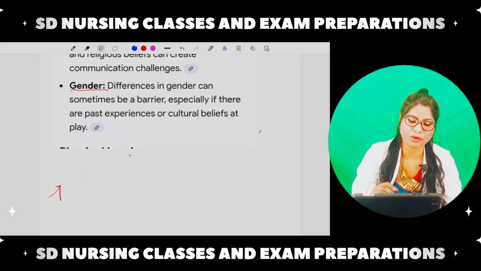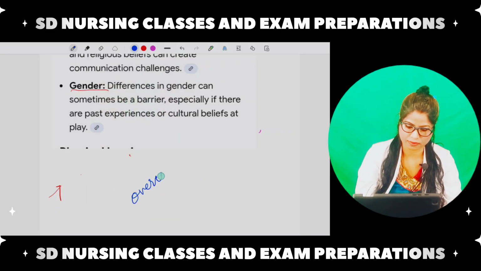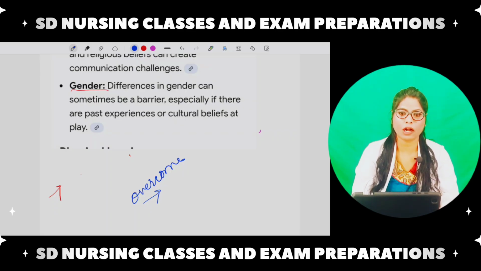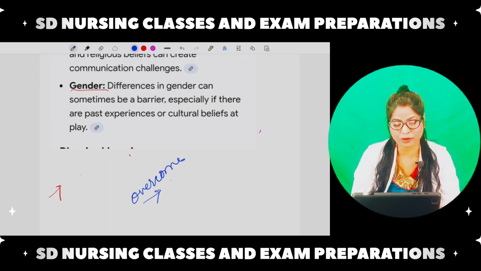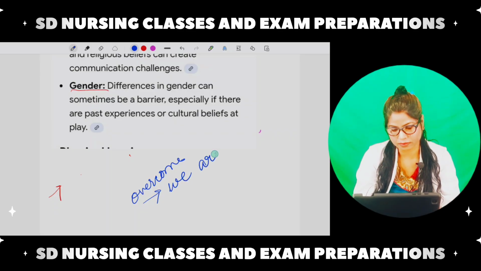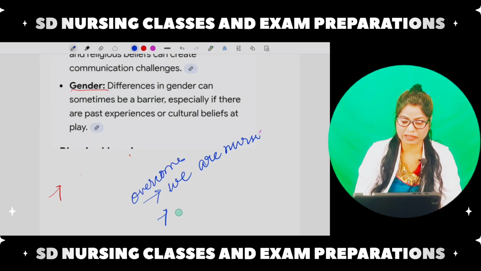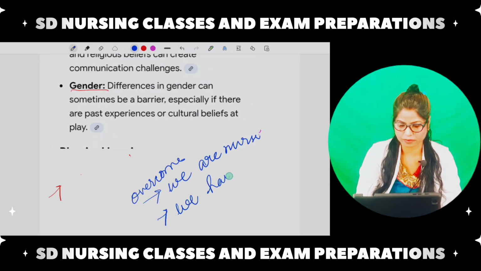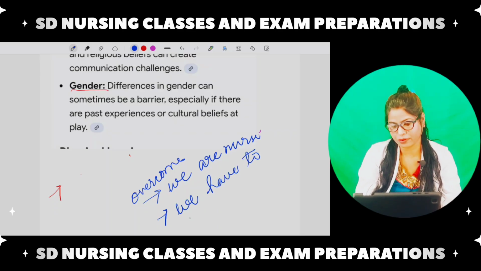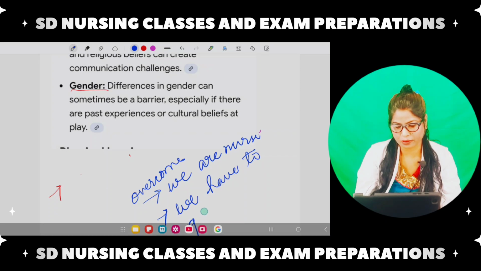What is the way to overcome it? To overcome this gender barrier, we have to keep in mind that we are nurses, we have to give care to the patient.